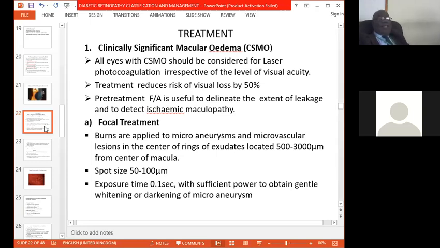If you recognize that this one qualifies to be clinically significant macular edema, this is not a case you're going to be treating there. Send it to a center where photocoagulation can be done. By keeping the patient there, the patient will be blind from bleeding. If you just refer, it means you've done a good job for the patient.